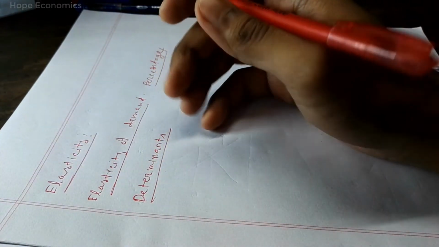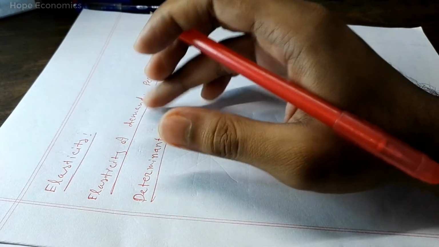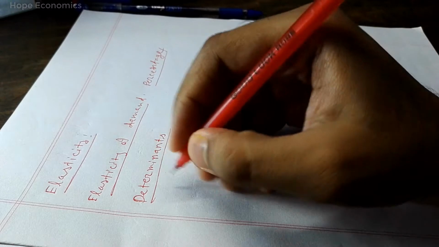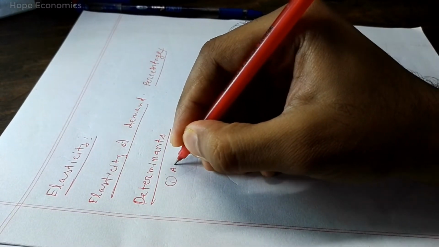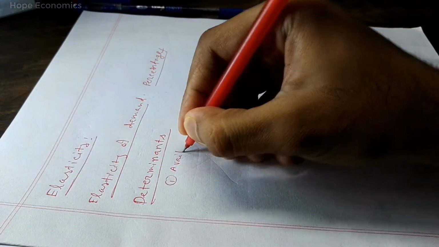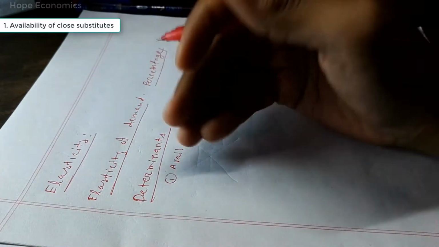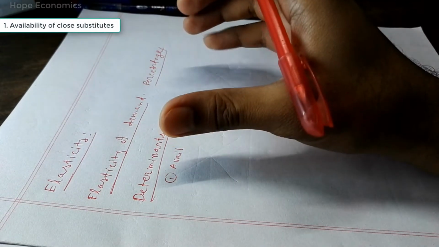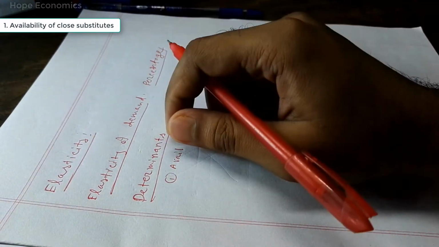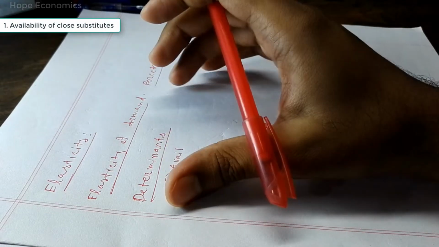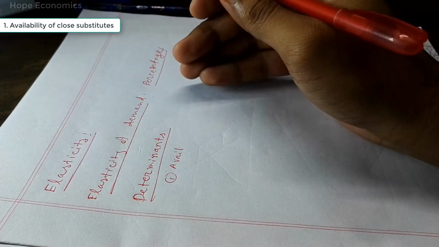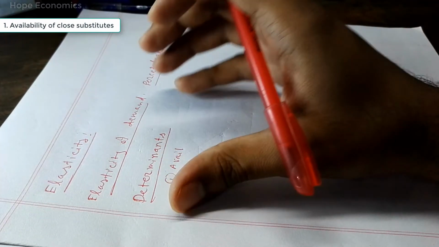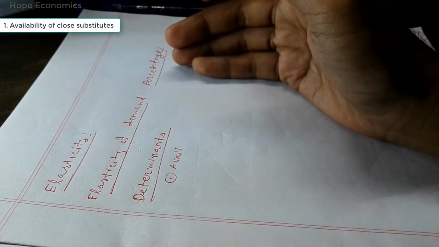So the first determinant of elasticity of demand, number one, is the availability of close substitutes. You are seeing it on the screen. For example, if you have tea and coffee at the same time in your choice list, and the price of one increases, what would you choose?